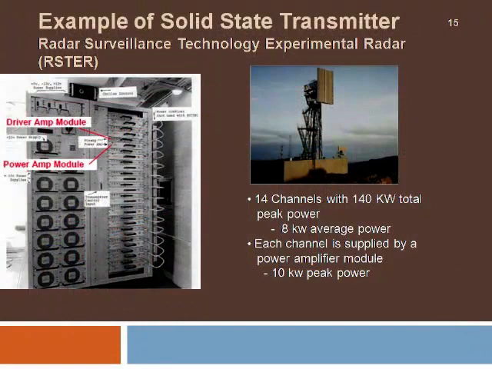Here you can see different power amplifier modules which are used for different antennas. Using a rack receiver type of thing, we can have several amplifiers placed in a rack for ease of operation. So here we have 14 channels with 140 kilowatts of total peak power coming out of this amplifier section, and which are fed to the antenna array kept outside this.